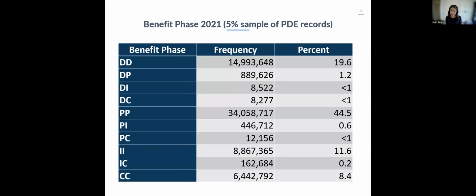So this is the distribution of this benefit phase variable. A lot of drugs are in DD, the deductible phase, and also PP. PP is pre-ICL, where you have 25% cost sharing before you hit the coverage gap. And then some come from II, and this is the coverage gap, right? Donut hole. When the donut hole is closed, you're still in the benefit phase of donut hole.